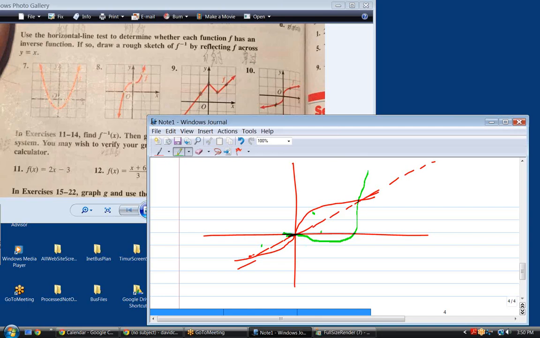In other words, you see how to reflect about that line? Whatever the x-coordinate was now becomes the y-coordinate. Whatever the y-coordinate was now becomes the x-coordinate. Okay. All right. I see.